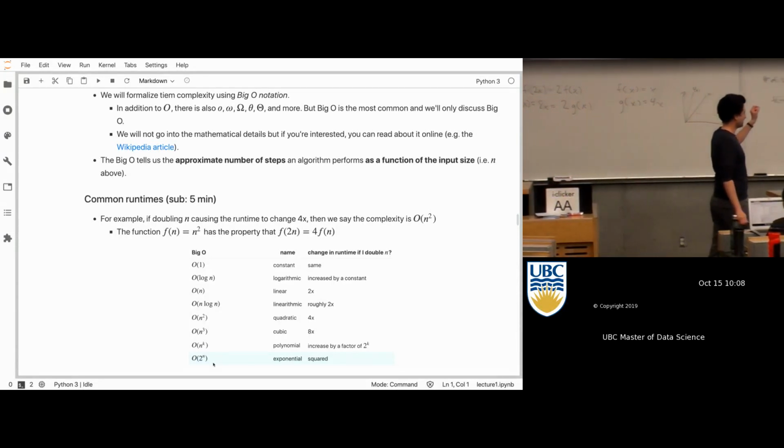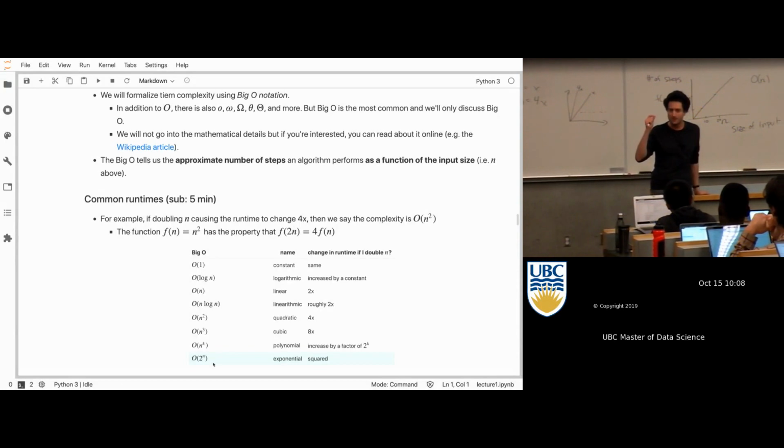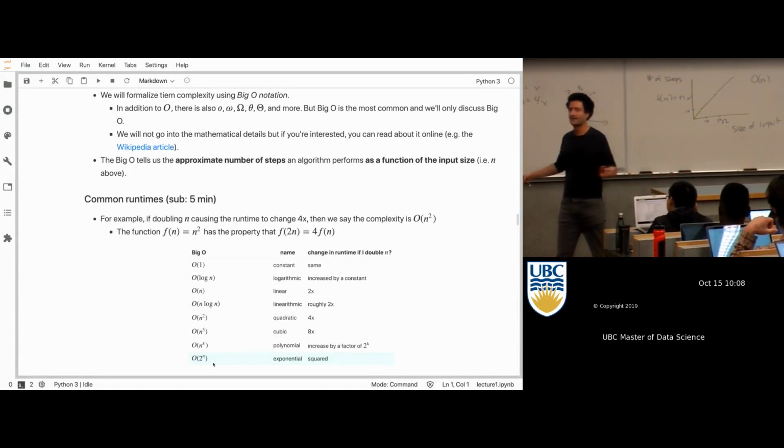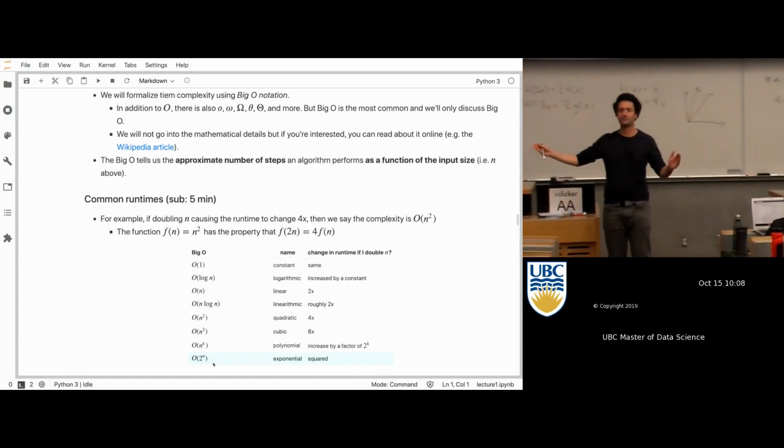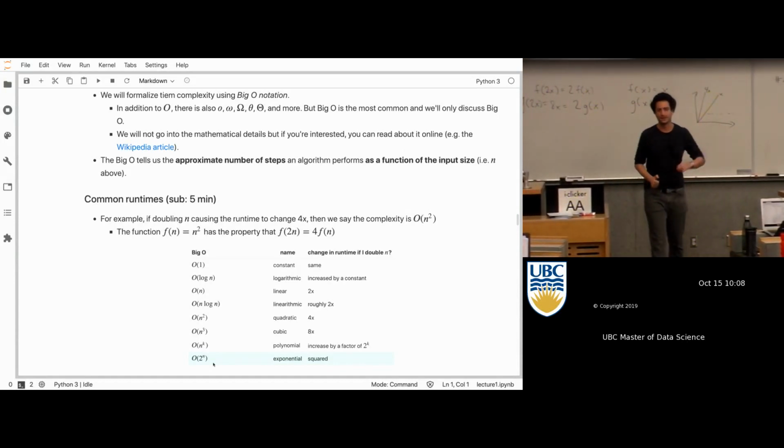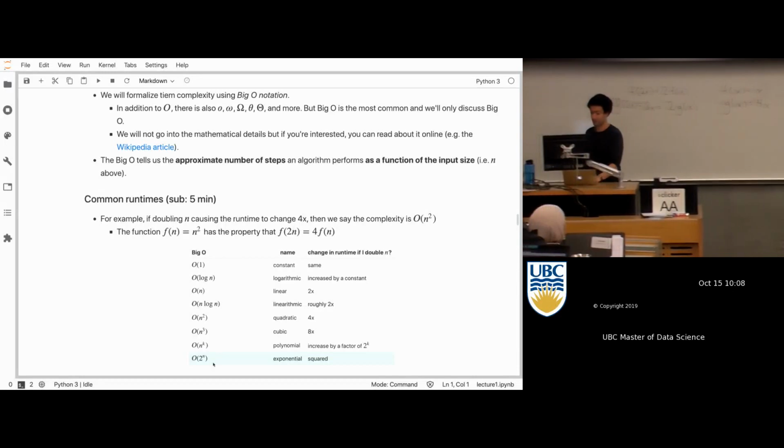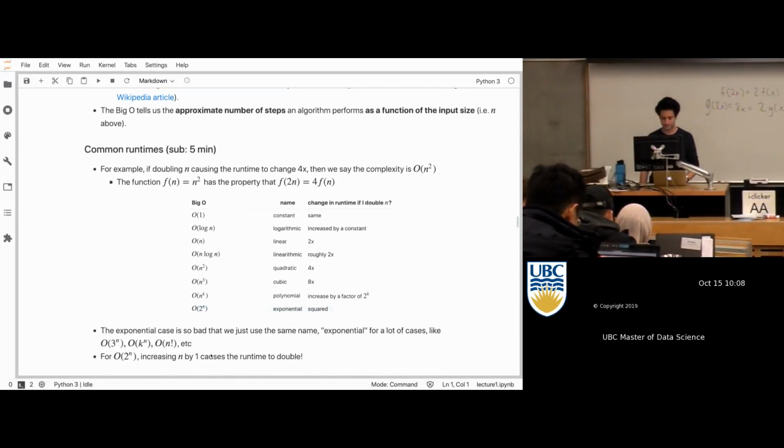But the way I would think about this exponential thing is if I just make the array 1 bigger. So I had 1,000 things in my array, and now I just do 1,001. That causes the runtime to double. So you could think of how incredibly bad that's going to be, because every time you just make it 1 bigger, the running time doubles. That's going to get out of hand very, very fast.